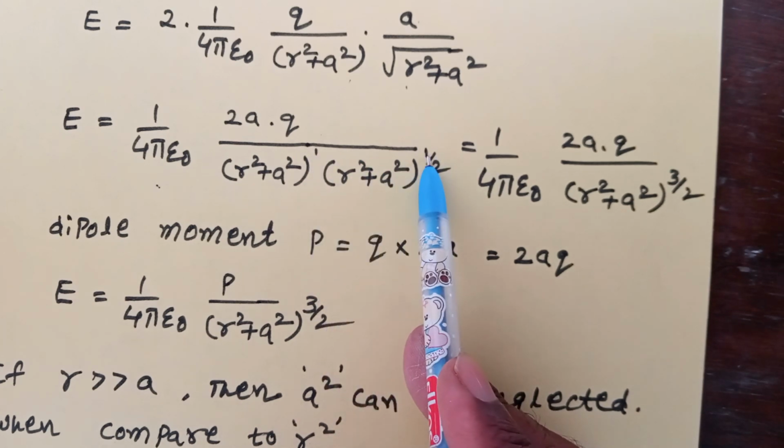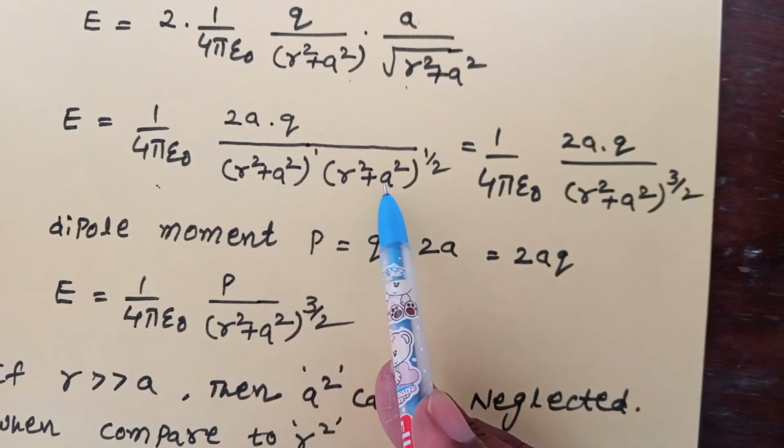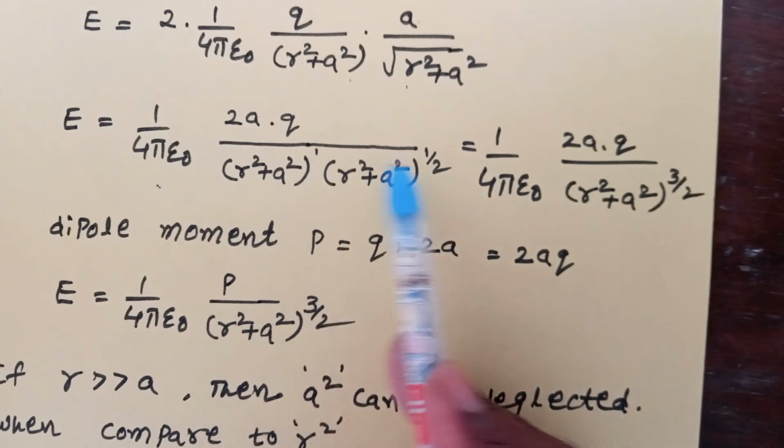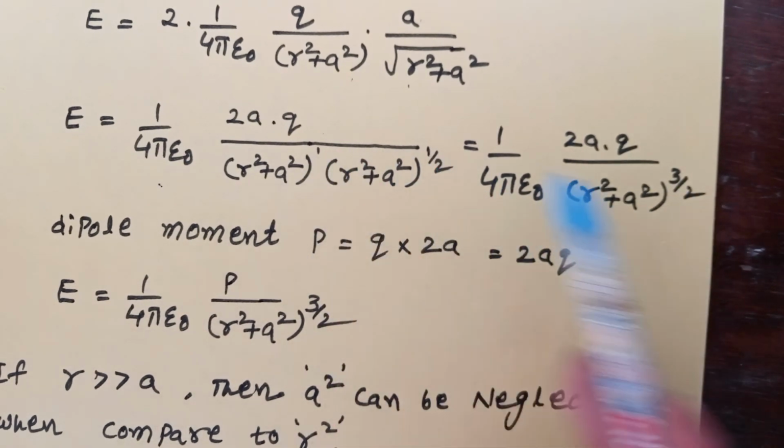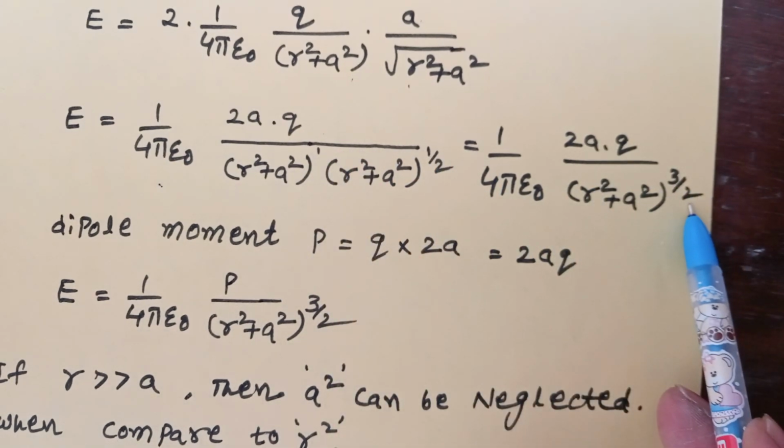Powers can be added: 1 plus 1 by 2 is equal to 3 by 2.